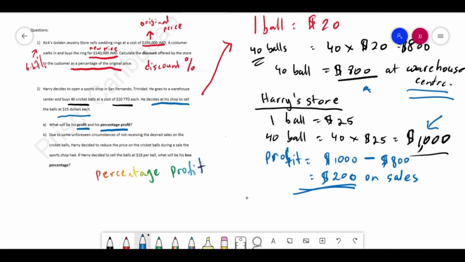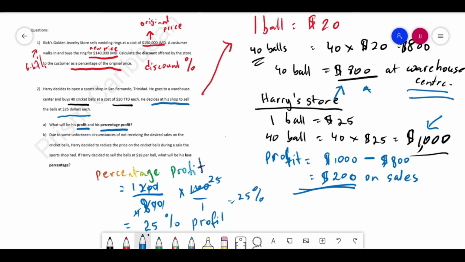So the profit percentage is equal to the profit over the price you got it for originally, which was $800, multiplied by 100 over 1, which is 25%. So this will be 25% profit, right?